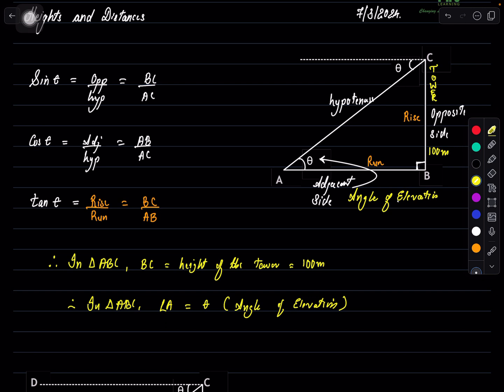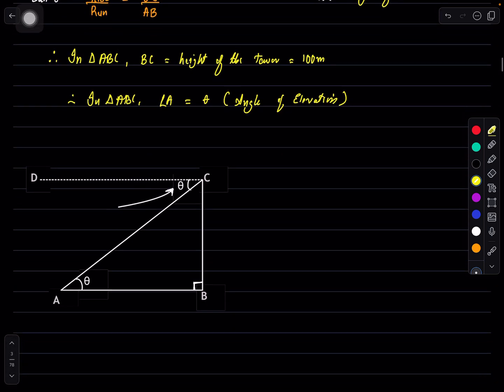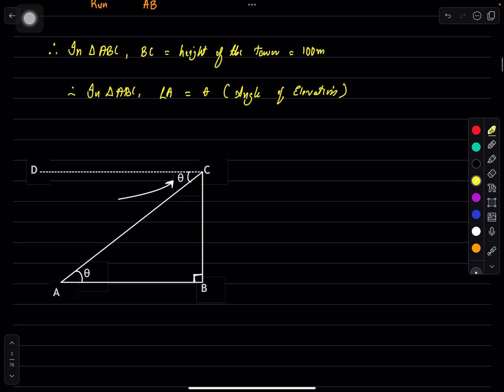Just the way we have talked about the angle of elevation, we will also talk about the angle of depression. When we refer to the angle of depression, typically our point of observation is not at the lower side, rather it is at the higher side. Here we are considering point C as the point of observation.